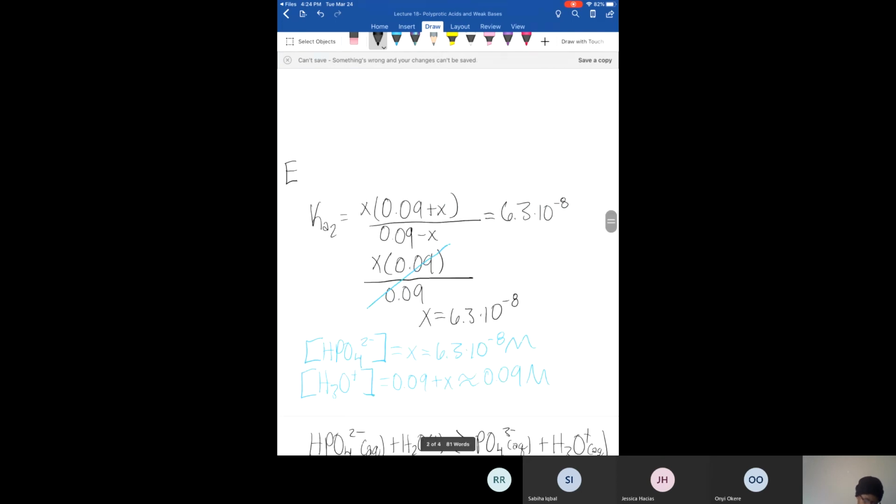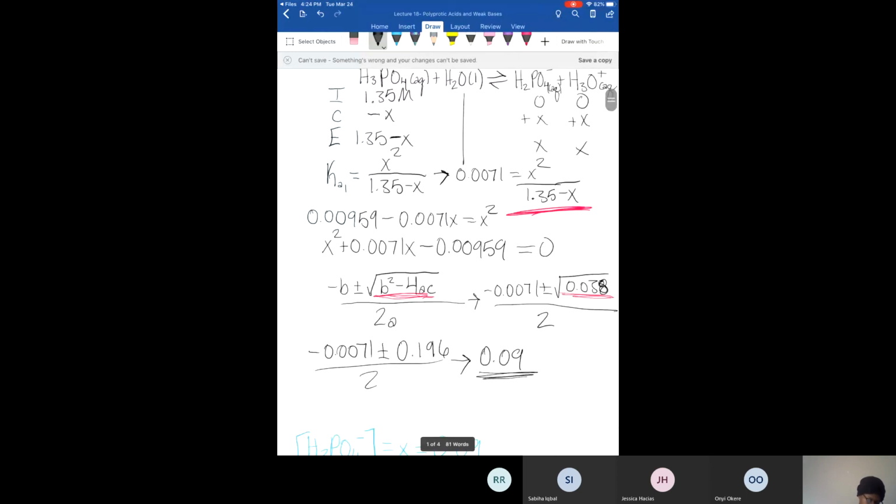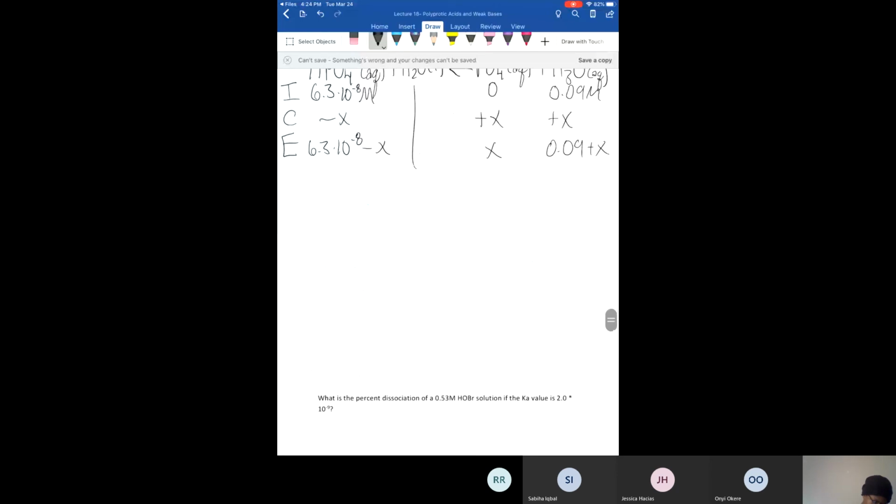So now your third Ka value is 4.2 times 10 to the negative 13, equals x times 0.09 over 6.3 times 10 to the negative 8.